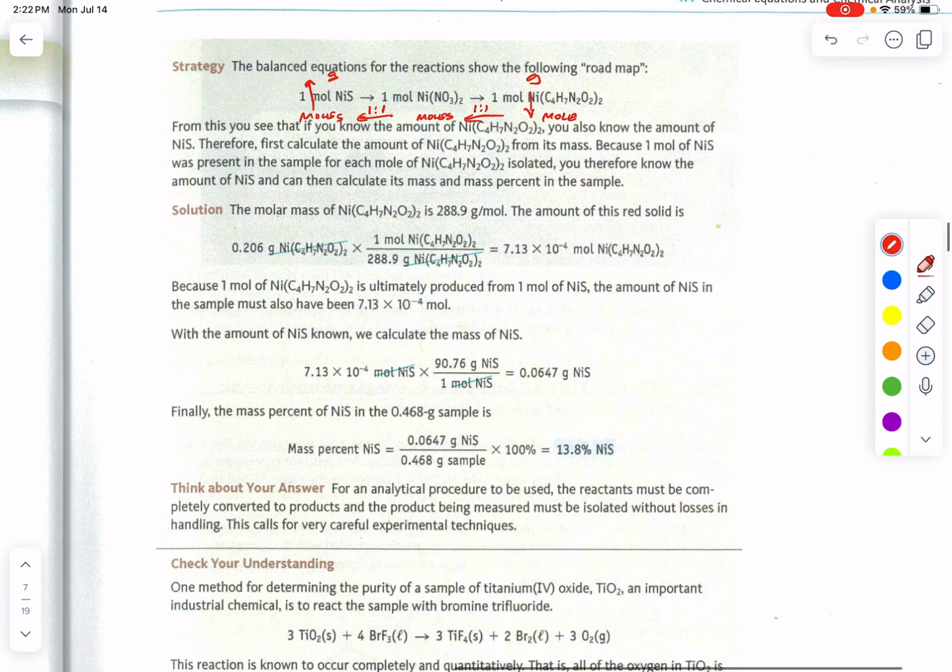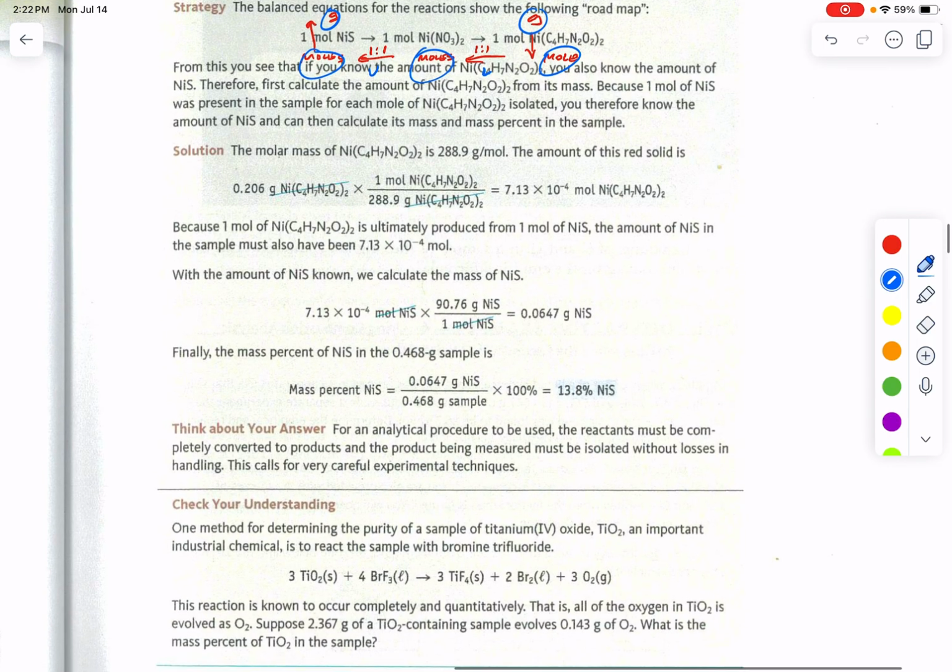So it goes kind of like this. When we take those two equations and simplify it into one, we're going to go from our grams to moles. Our stoichiometry part, this was the lower equation, and then this was the upper equation of the two in the previous page, and then we go from moles up to grams. And that's what they do in these steps.